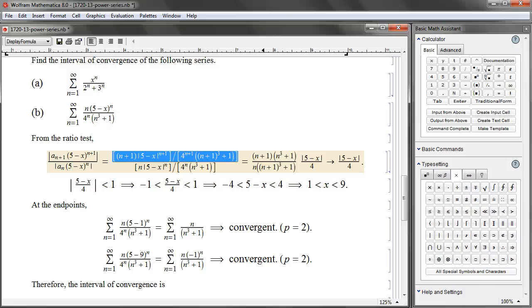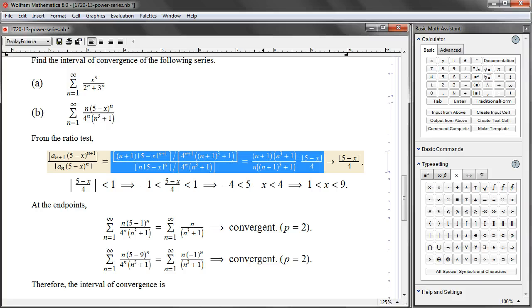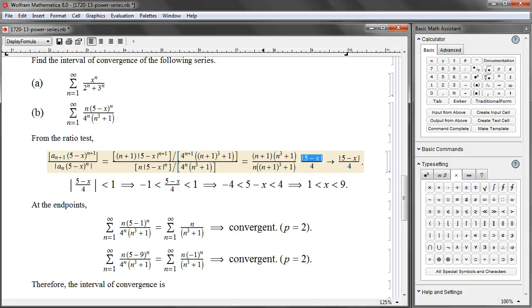Now, do you see the cancellation as before? Absolute value of 5 minus x to the n plus first power over the absolute value of 5 minus x to the nth power. After cancellation, we're going to get absolute value of 5 minus x. There's one more. 4 to the n plus first power and 4 to the nth power. We have cancellation, and then we have 4 in the denominator.